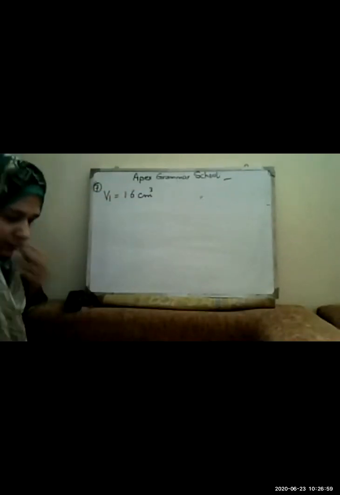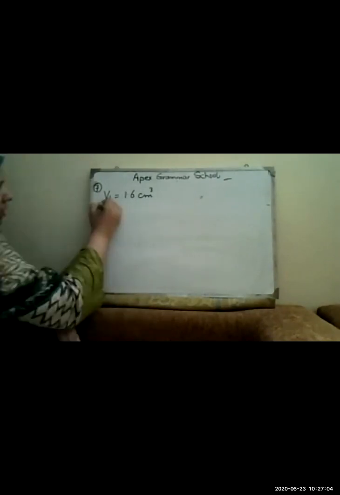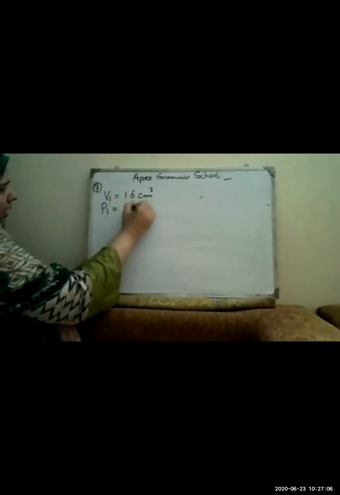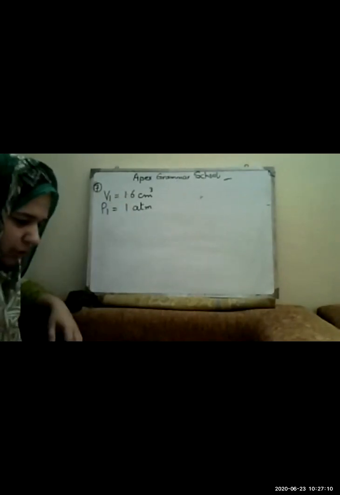So the first thing provided is V1 is equal to 1.6 cubic decimeter and 1 atmosphere pressure. So P1 is equal to 1 atm. Underwater to a depth at which its pressure increases to 3, P2 is equal to 3 atm.